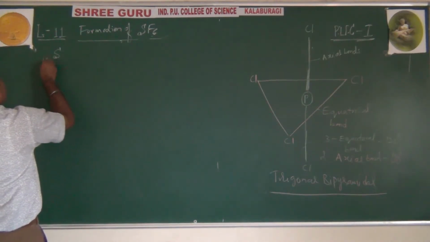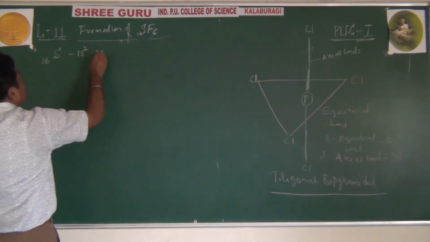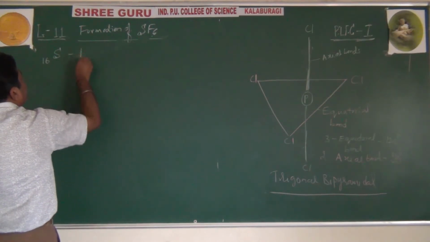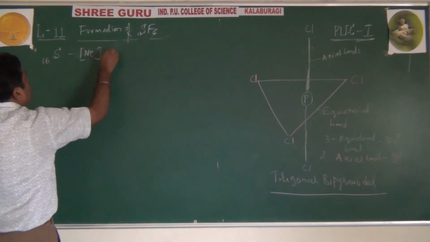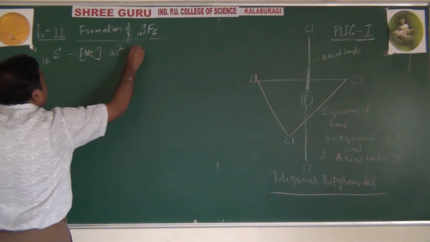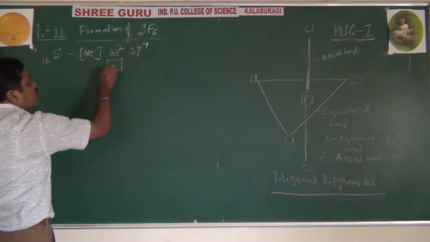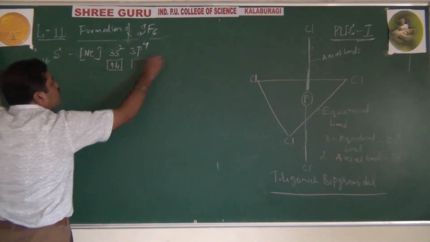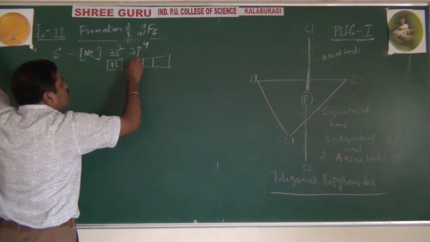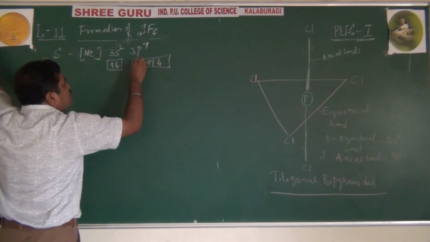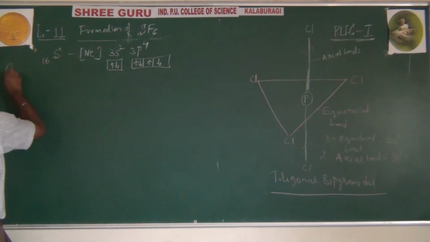Central atom sulfur, atomic number 16. 1s2, sorry, directly we can write neon. 3s2, 3p4, right? 3s2, 3p4: 3px2, 3py1, 3pz1. This is the ground state electronic configuration.